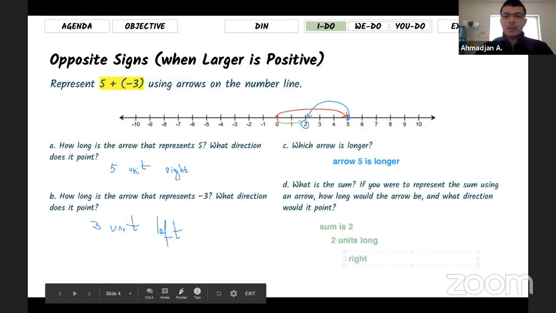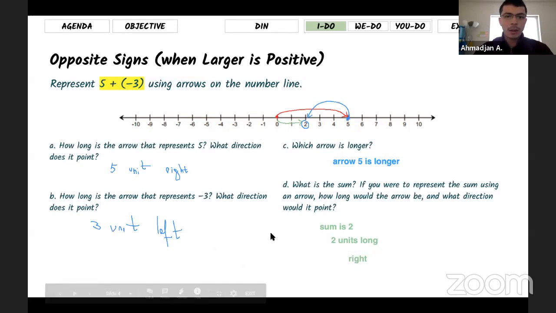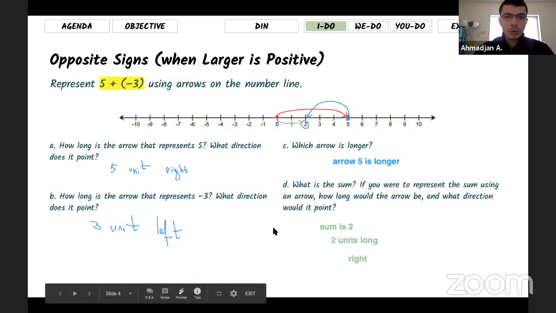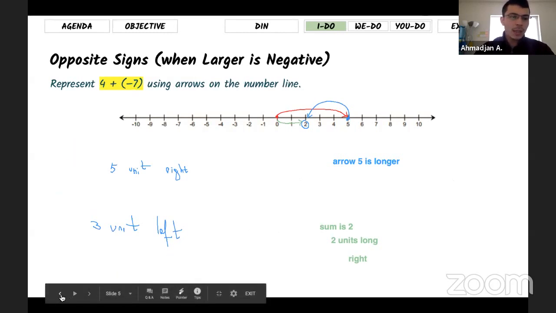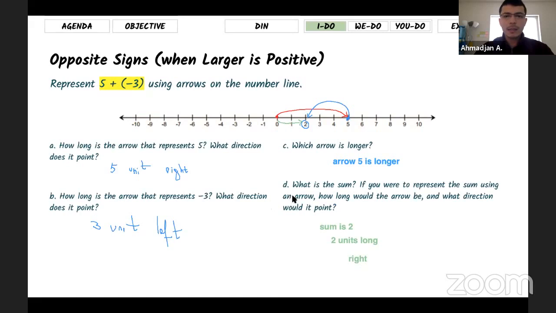Okay, so these are the things that we talked about in the last lesson, last week, about adding using a number line. But the reason why we're doing this is we're trying to see that there is something you need to remember about the relationship between the sum and the length of these 2 arrows. So the longer arrow is the red arrow, the positive number.